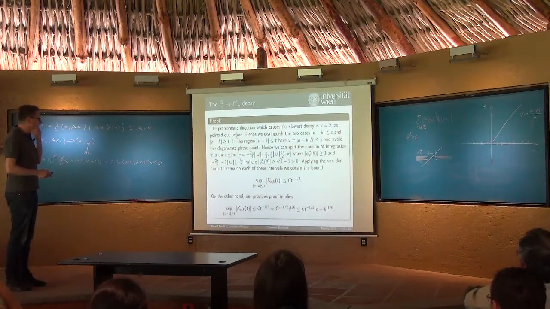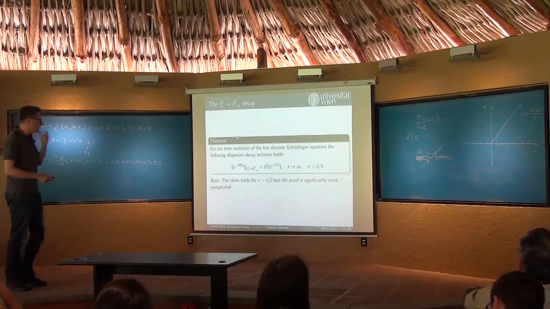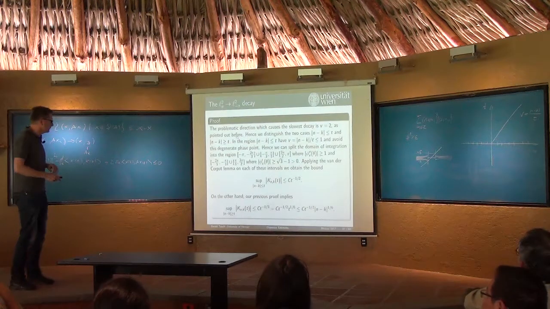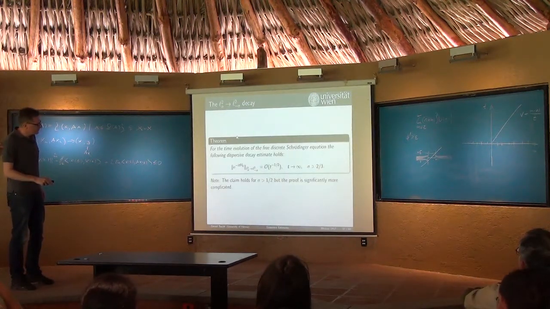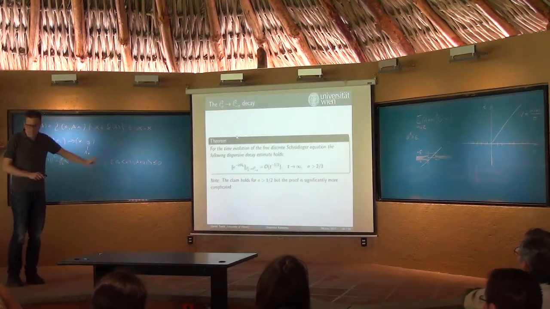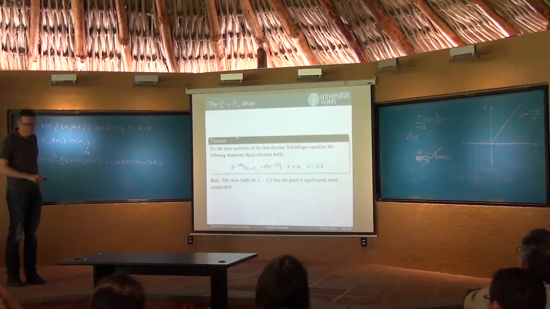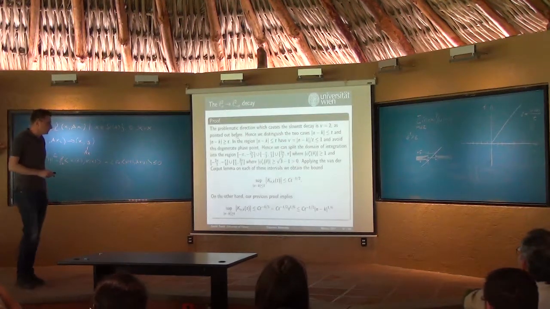Okay, and I think here I only have some special case. This is what is mentioned here. So I'm only going to show you the proof under this assumption, which is the easy proof. It can be done under this assumption, but then things get much, much more tricky.